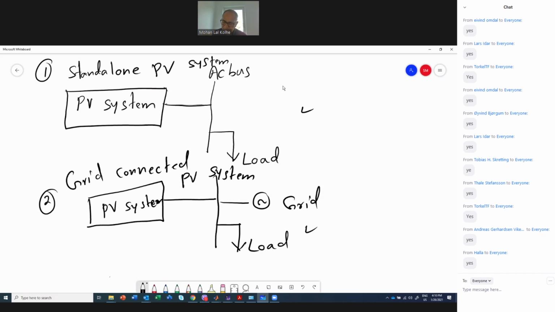And then, before going to the control strategies, we should understand another two basic operations of this PV system. For that, I will consider the grid connected PV system, because in tomorrow's workshop we will consider the grid connected topology.